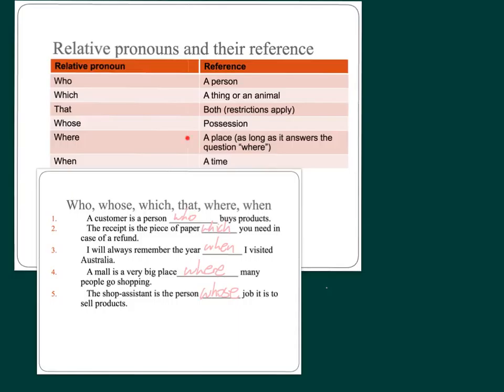If, on the other hand, we're talking about a place and this place answers the question where, then we need to use where. A mall is a very big place where many people go shopping, okay? Where do many people go shopping? To a mall, okay? So there we need to use where, okay? And finally, if we are talking about a time, like a year, a month, a day, then we will need when.